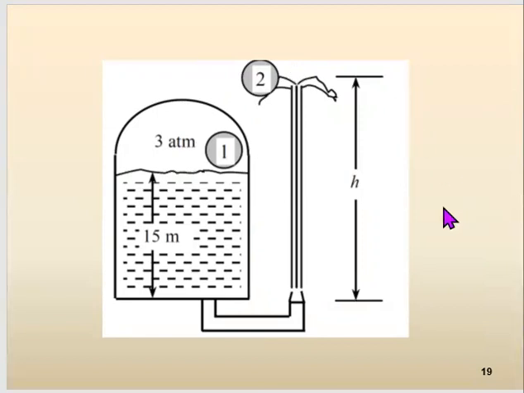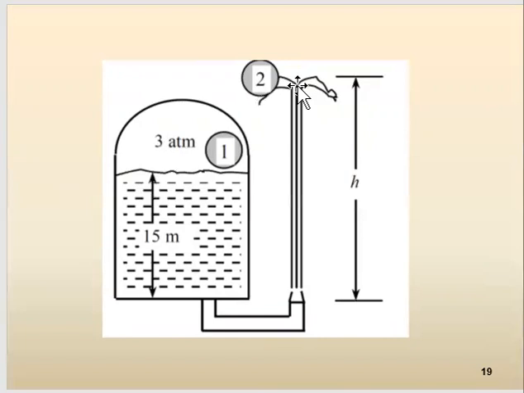Also, the velocity of the fluid at the free surface of the tank is very low, so we assume that velocity at point 1 is 0. Velocity at point 2 is also 0 because this is the maximum height that it can reach.